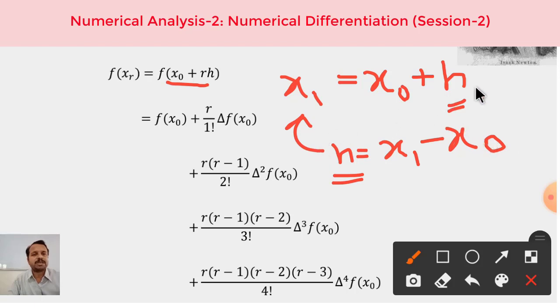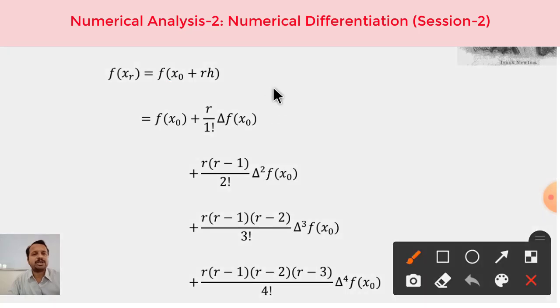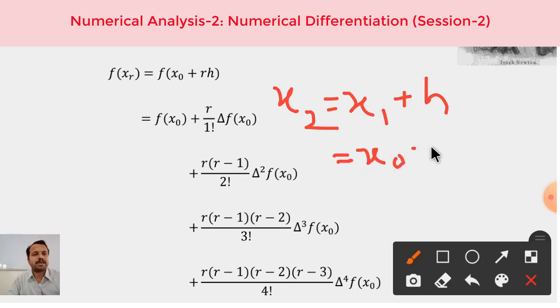So x1 is equal to x0 plus h. x2 is equal to x1 plus h, at a distance of h from x1. x1 is at a distance of h from x0, so x1 is x0 plus h, which we obtained just a moment before.